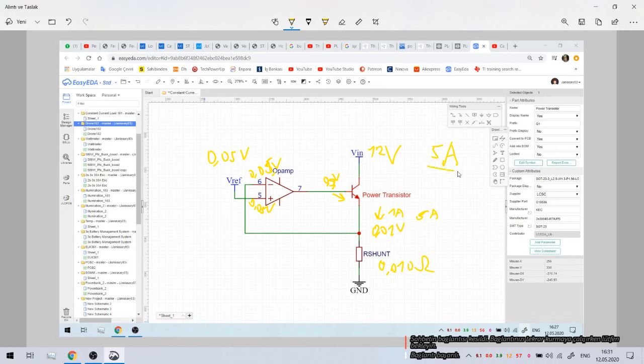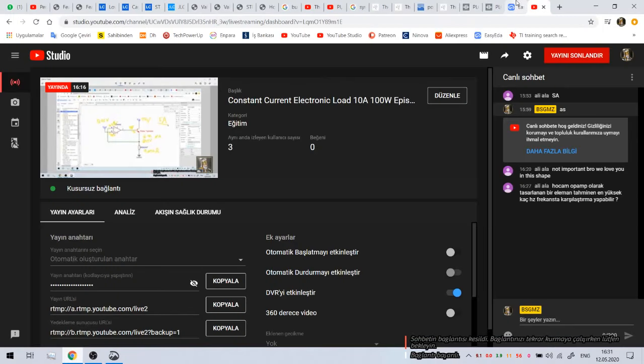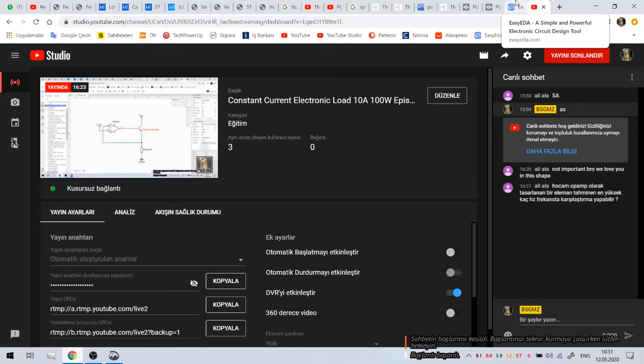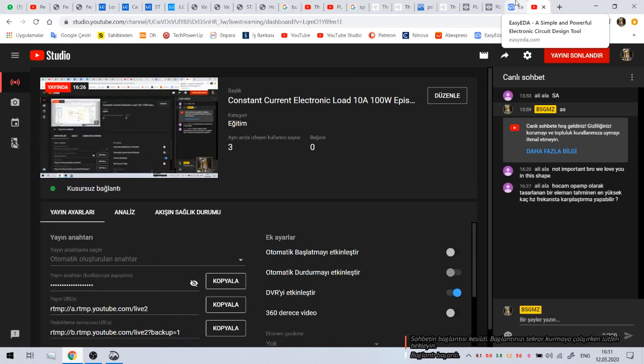So that we want to design a 10 amp 100 watt constant current load. I want it because I'm using it very much.